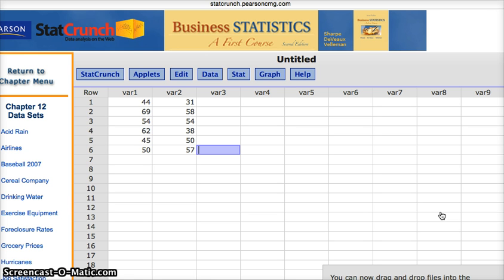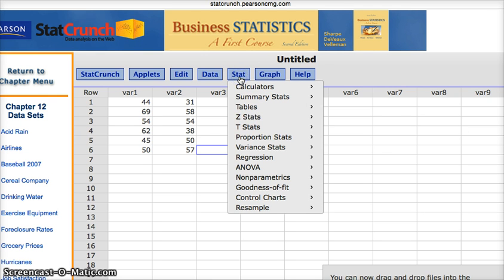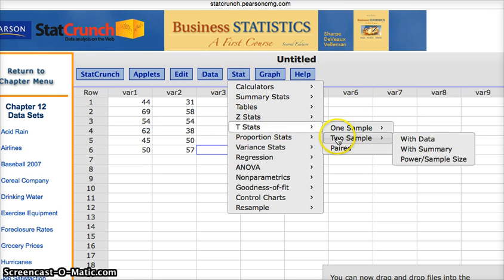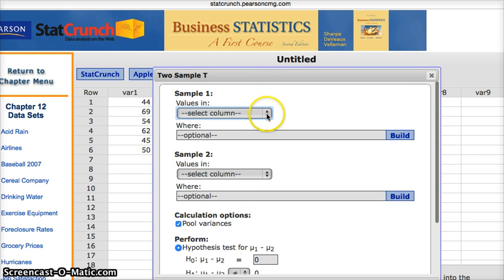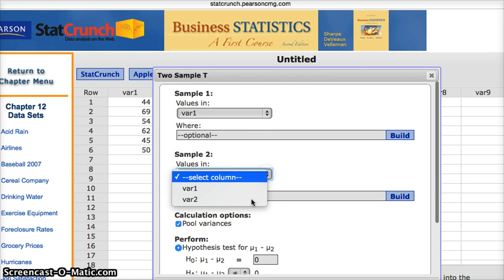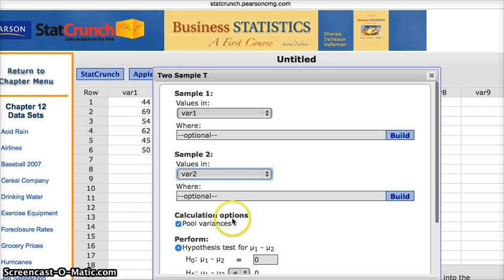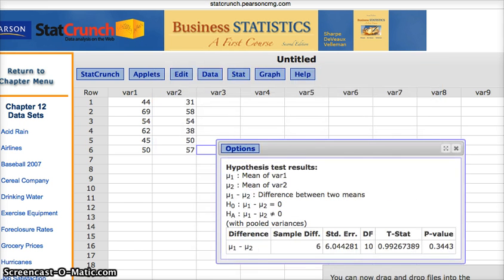Let's look at our t-stat and our p-value, which will help us decide whether we need to reject our null hypothesis. We go to Stats, T Stats, 2 Sample, with data. We put variable 1 for our first sample and variable 2 for our second sample. We're doing pooled variances, and we are testing the hypothesis. Let's click compute.